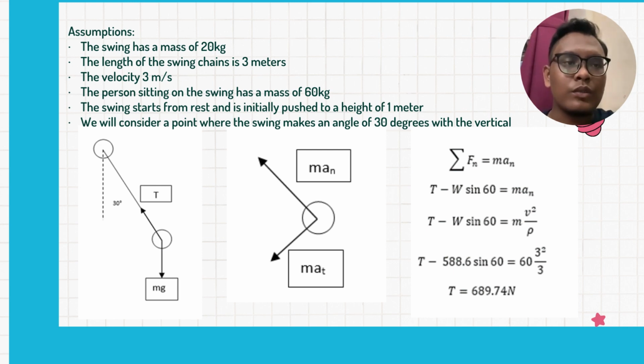On the free body diagram, we assume that the angle is 30 degrees. We also assume the tension is going up and the weight is going down.